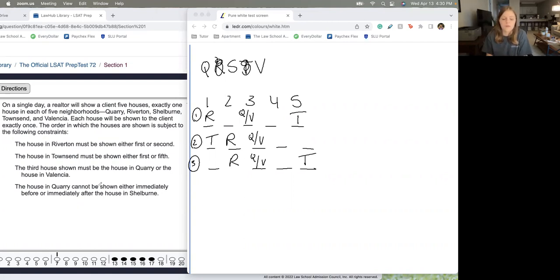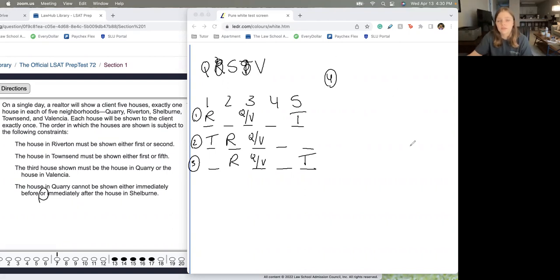So, okay, looking at that last rule, it says the house in Q cannot be shown either immediately before or immediately after S. So this is a rule that I kind of call one of these rules where it's kind of 2 rules in one, because it's got that or in there, either immediately before or immediately after.